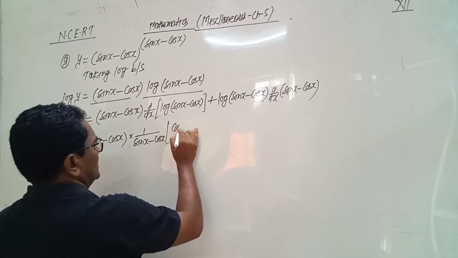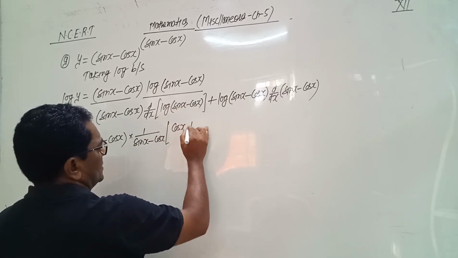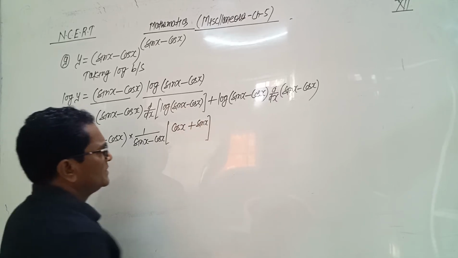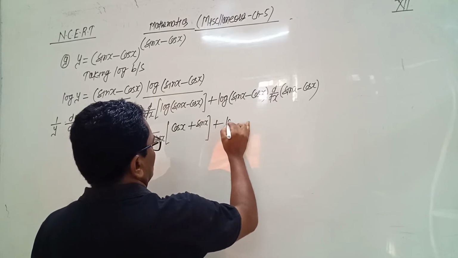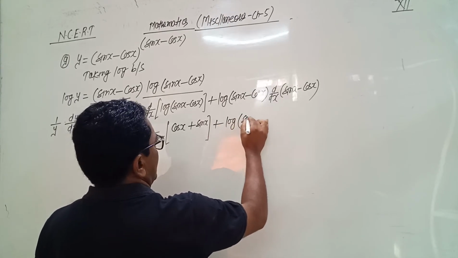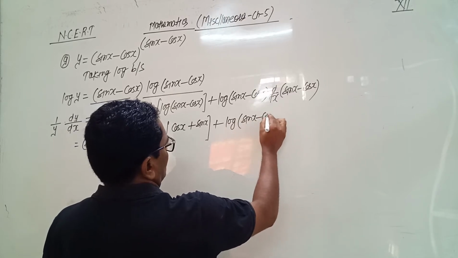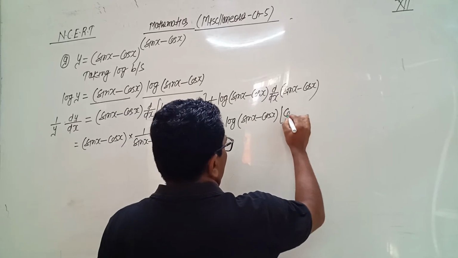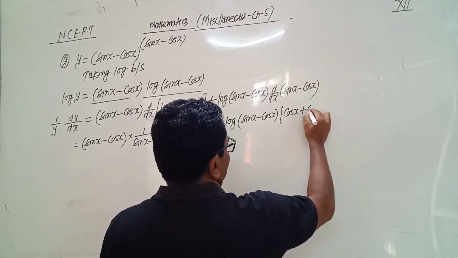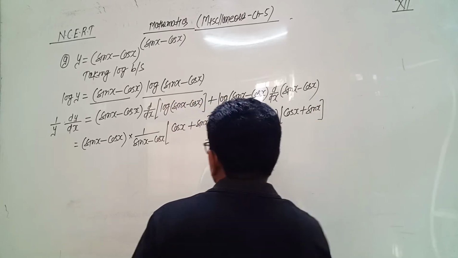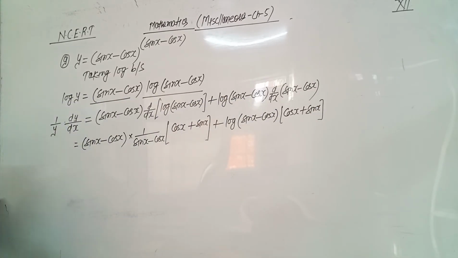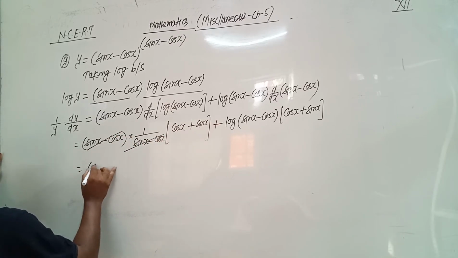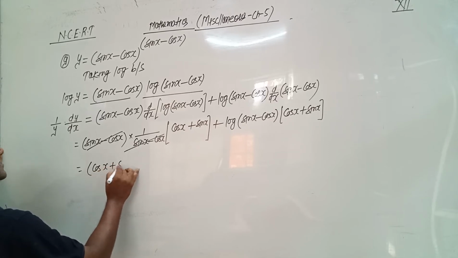Differentiation of sin x is cos x and differentiation of cos x is minus sin x, and minus minus becomes plus. Then log (sin x minus cos x) and differentiation of sin x is cos x and differentiation of cos x is minus sin x, so it becomes minus minus plus sin x. And (sin x minus cos x) cancelled, we get cos x plus sin x.